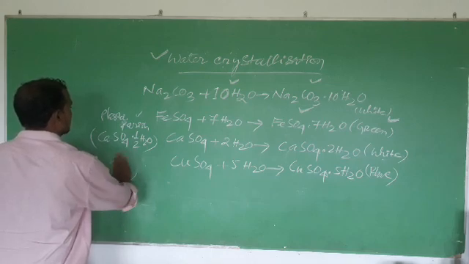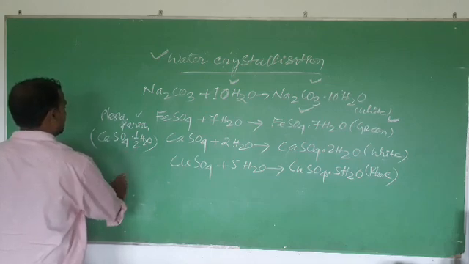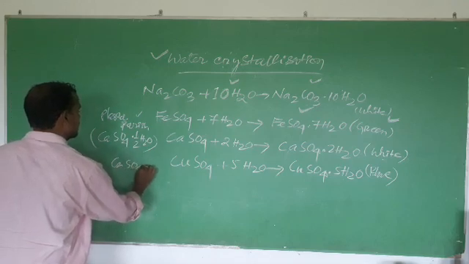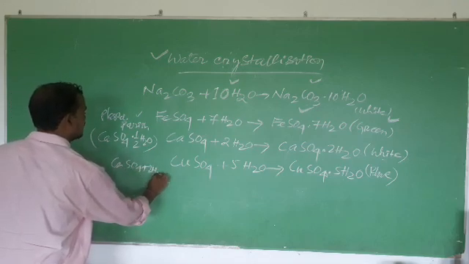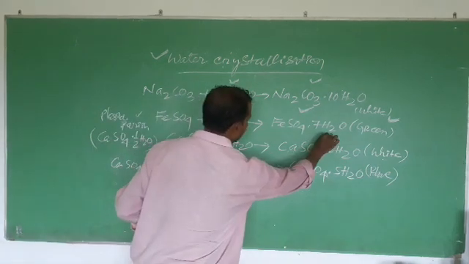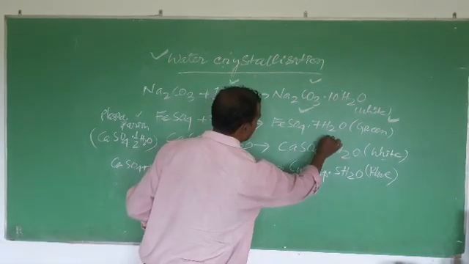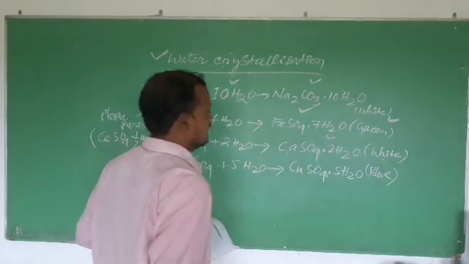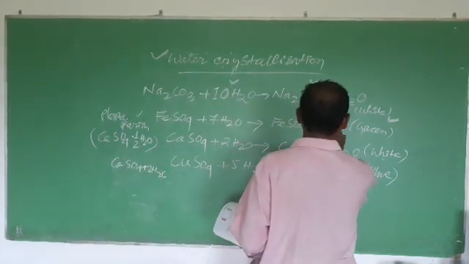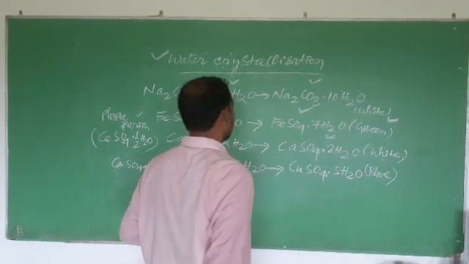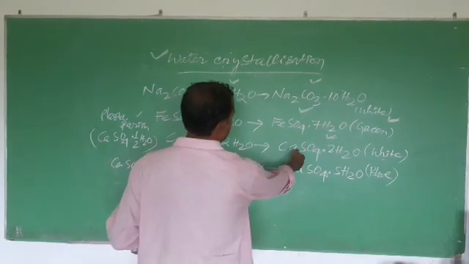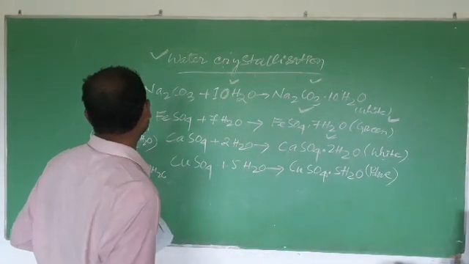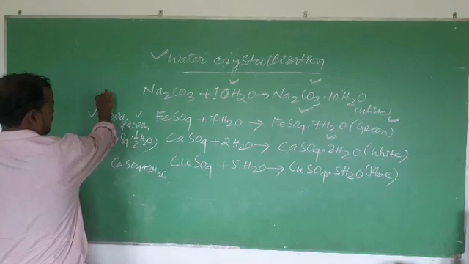Sorry, when it is crystallized with water, it becomes CaSO4 with 2 molecules of water, CaSO4.2H2O, and the presence of water gives white color to the calcium sulphate, and it is known as what? Gypsum. Okay, and when gypsum is heated, you will get plaster of Paris.